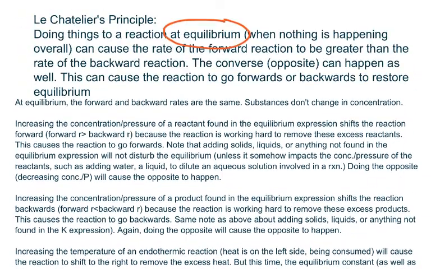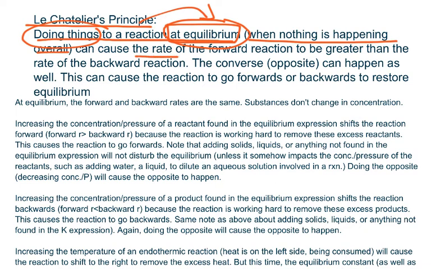So now let's talk about something called Le Chatelier's principle. Now this principle tells us that doing things to a reaction at equilibrium, and this is important, you are starting at equilibrium, so you're starting at when nothing is happening, and doing things to a system at equilibrium can cause the rate of the forward reaction to be greater than the rate of the backward reaction.